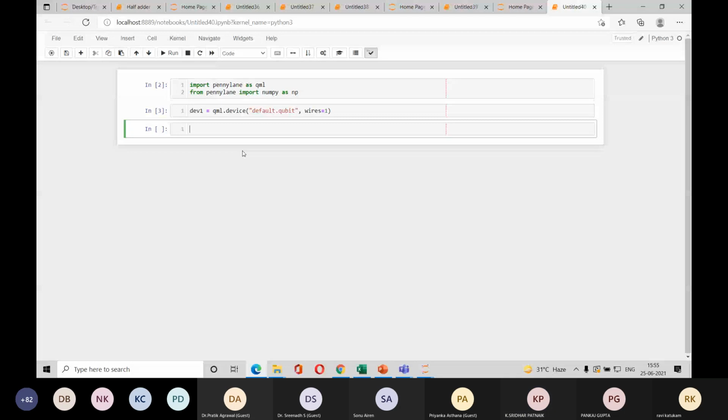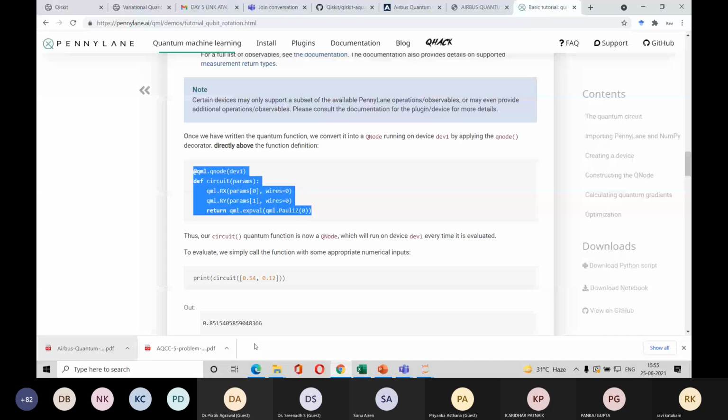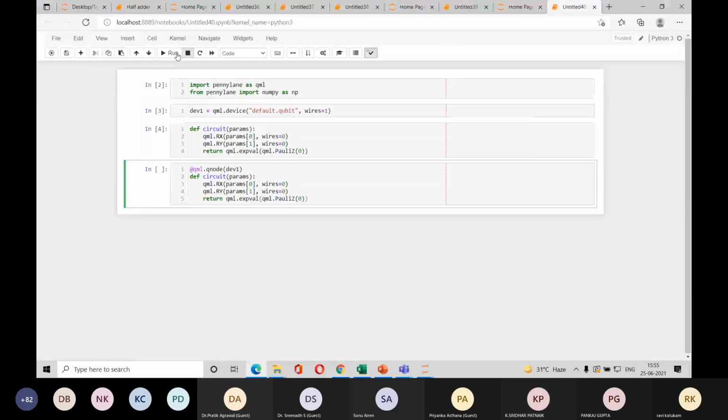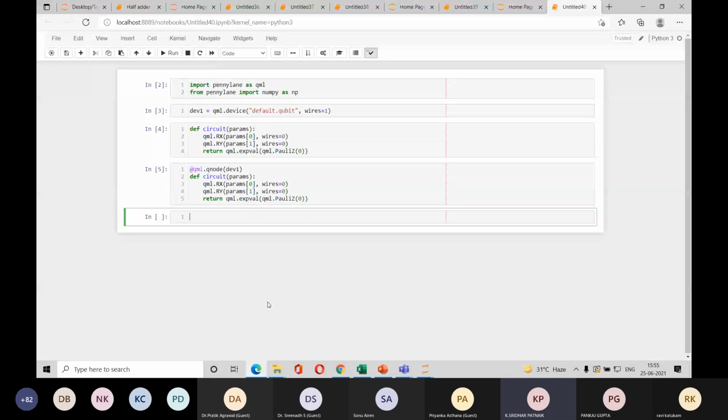And a lot of literature is also available these days on applying QML concepts. Maybe I'll stop it here.